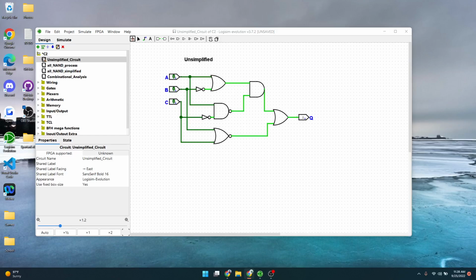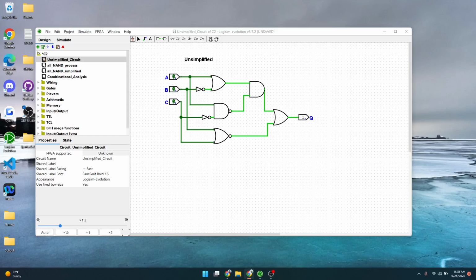So, briefly defining what a universal gate is. A universal gate is a gate that can express all forms of logic. For example, there's the NAND gate. Typically our primary gates are AND, OR, and NOT.